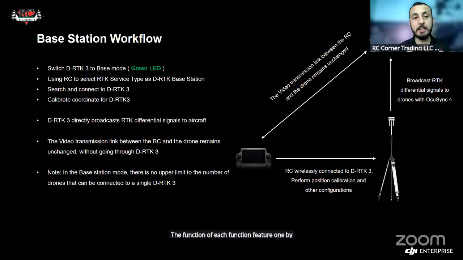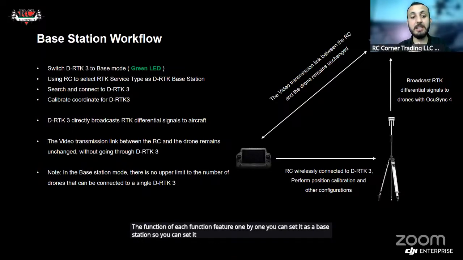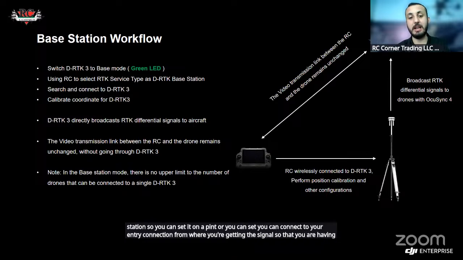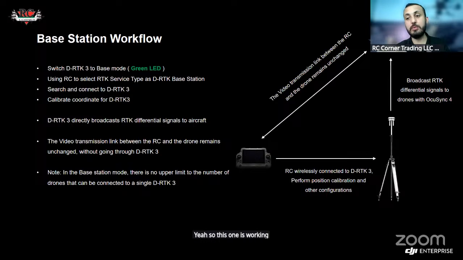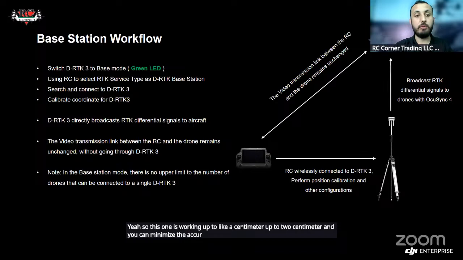You can set it as a base station, so you can set it on a point, or you can connect to your network connection from where you are getting the signal, so that you have RTK precise data. Yeah, so this one works up to a centimeter, up to 2 centimeters accuracy.